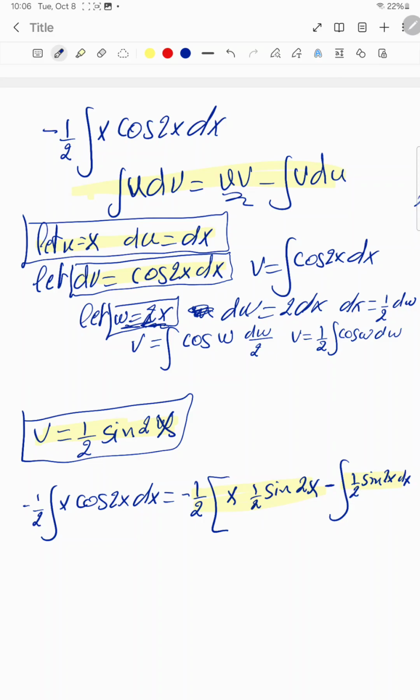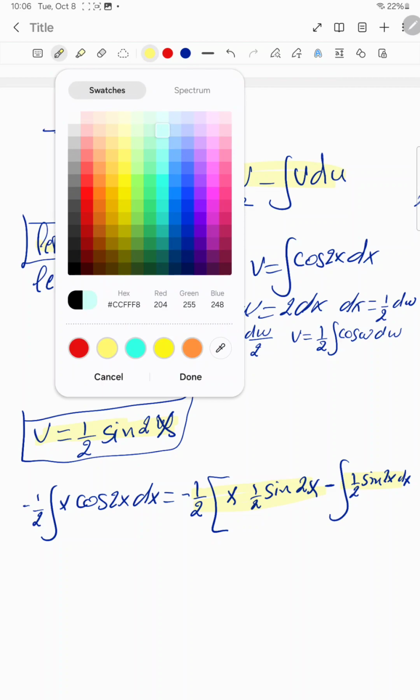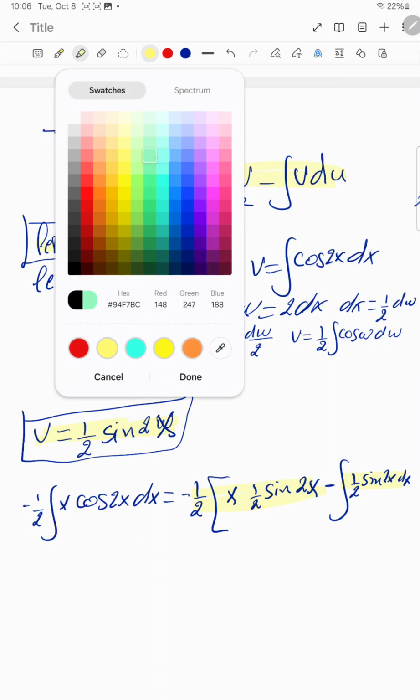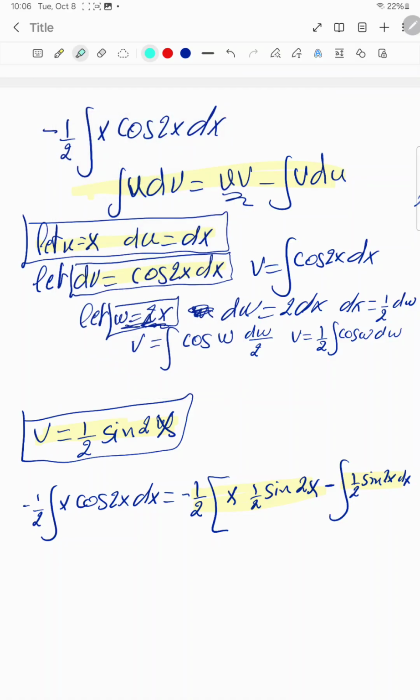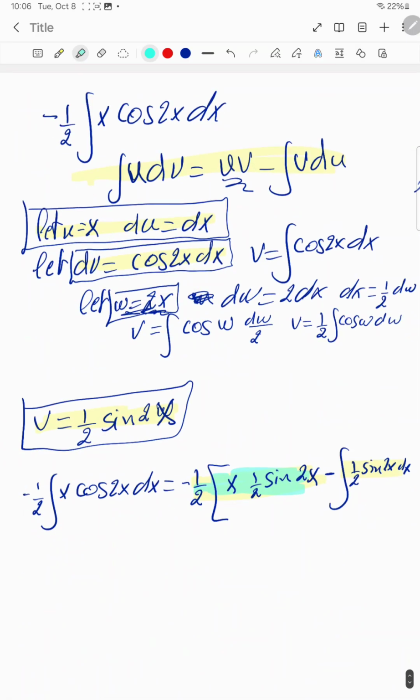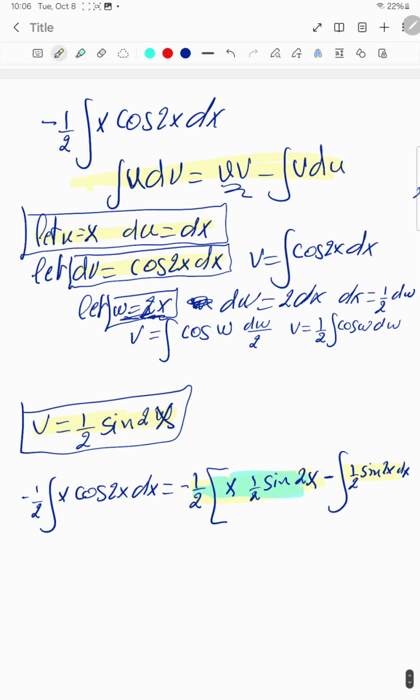So the 1/2 goes outside that integral. Because this I will copy at the end, and we said this we will copy at the end. So now let's work with that part here.